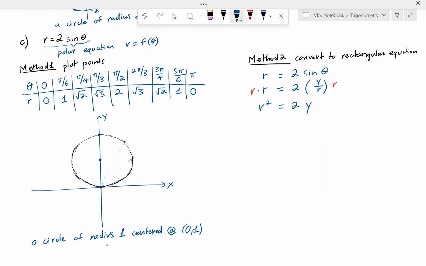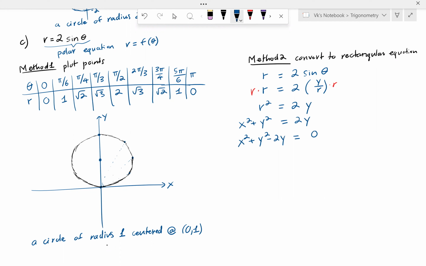Now we're going to do the substitution. r squared is x squared plus y squared, equal to 2y. Move everything to one side. So we have x squared plus y squared minus 2y equal to 0.